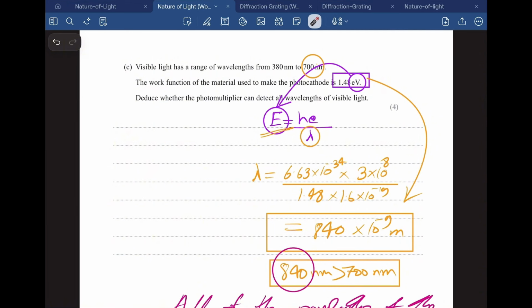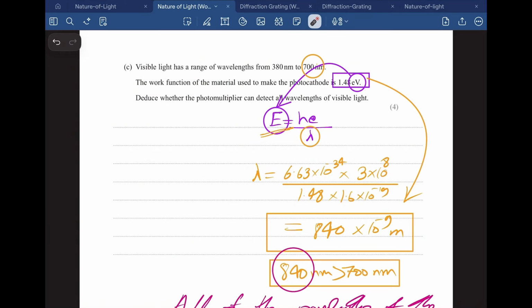The energy has to be greater than the work function. Now deduce whether the multiplier can detect all wavelengths of visible light. Now we can just put this work function.